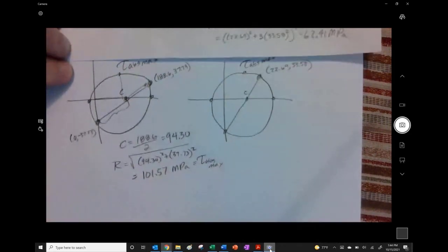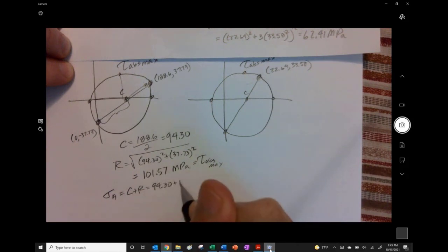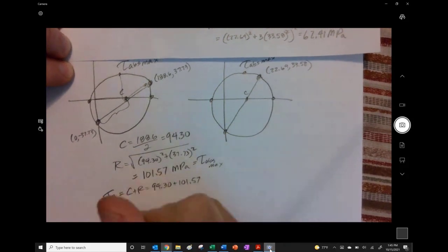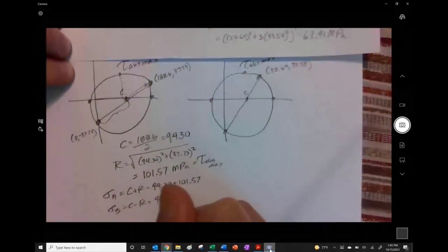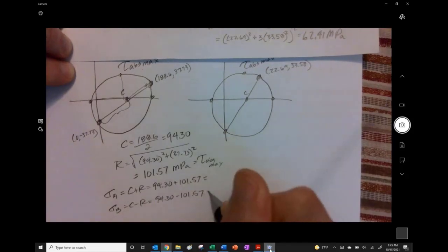But if we want to do that plotting thing, sigma A is going to be C plus R, or 94.30 plus 101.57, and sigma B, C minus R, 94.30 minus 101.57.